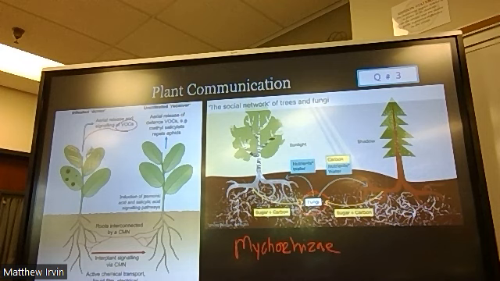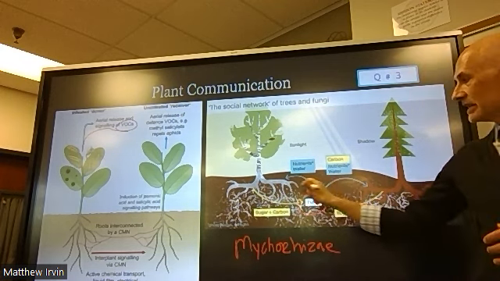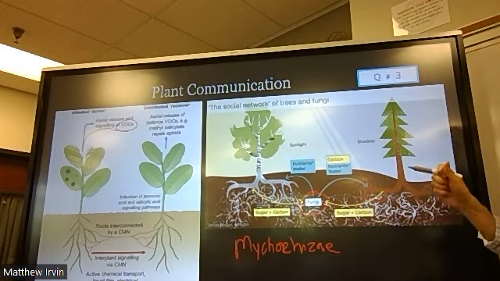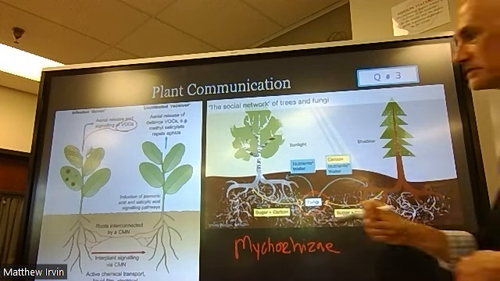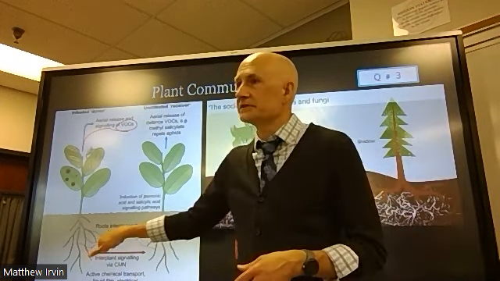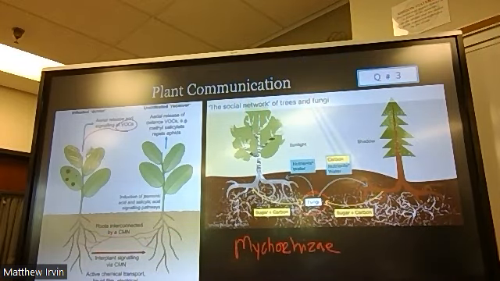The plant gives them sugars, but those mycorrhizae actually connect plants together so that plants can share nutrients with other plants. But then they will also send these chemical signals as a warning for those other plants to start manufacturing defensive chemicals.